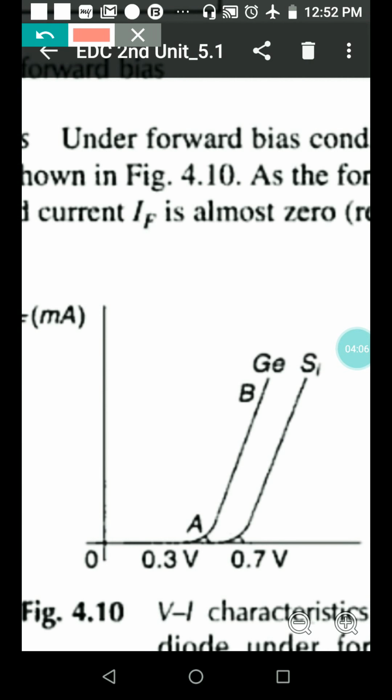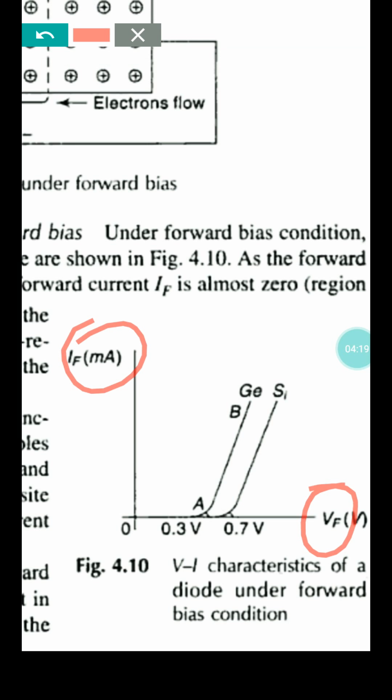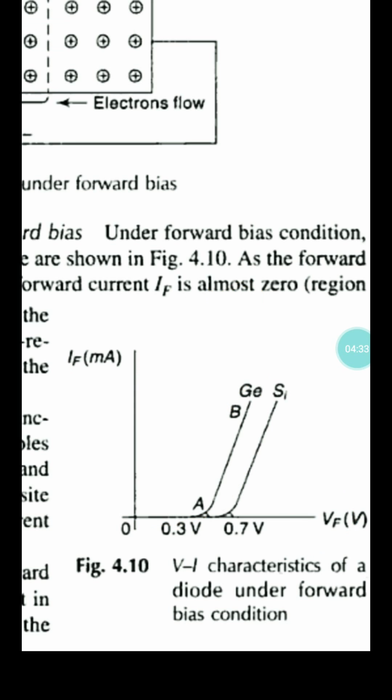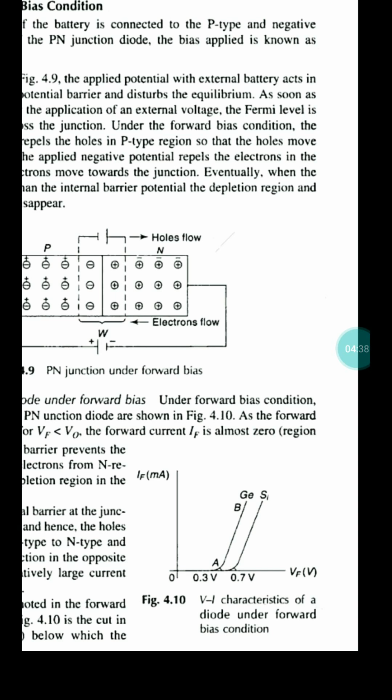If we draw the graph between voltage and current, we can expect the graph to be exponential, with something like e to the power of something. There is an exponential change of current with respect to voltage.